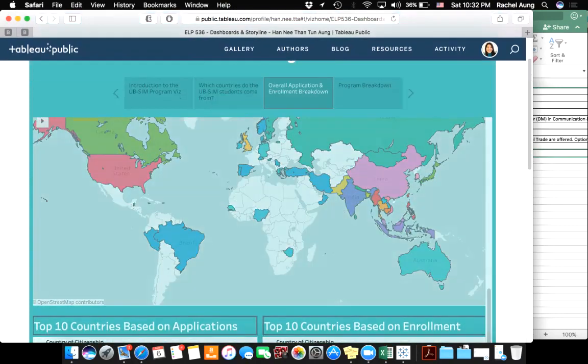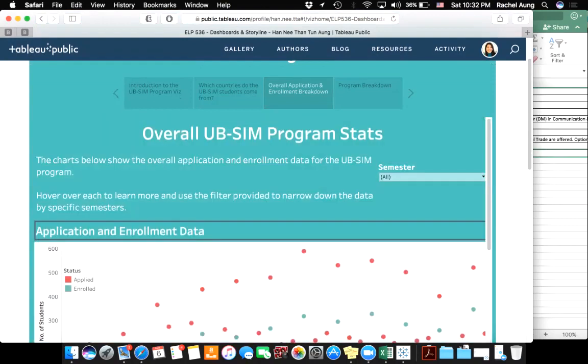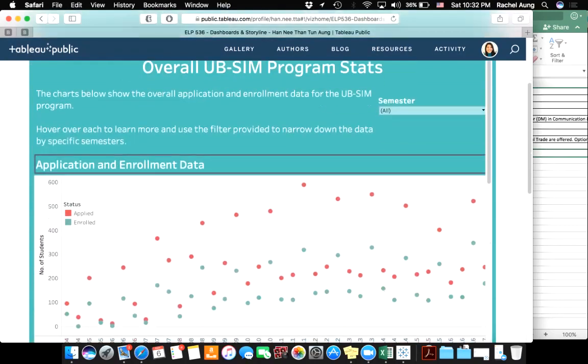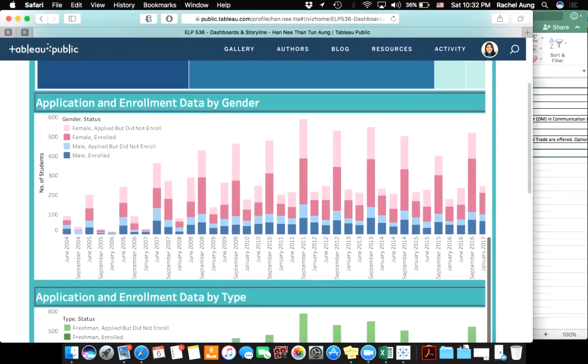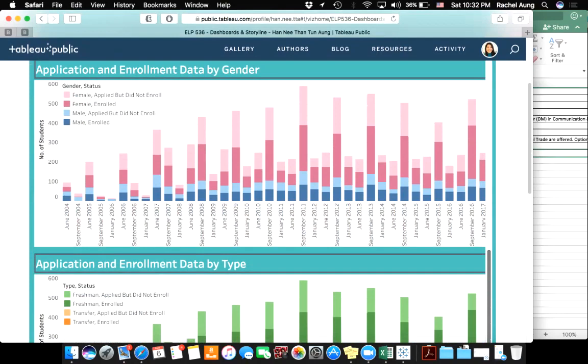And then the third tab just gives us an overall application and enrollment breakdown. It just tells you how many people actually applied, how many enrolled. Again, you can get a breakdown per semester. And then you can see which majors they're interested in, how many applied based on their gender and the type.